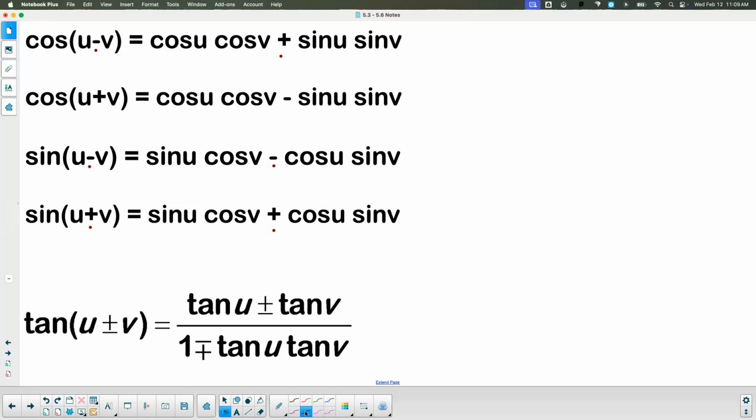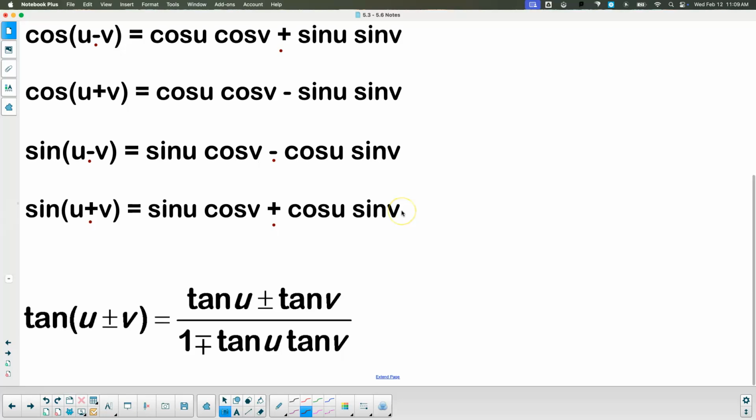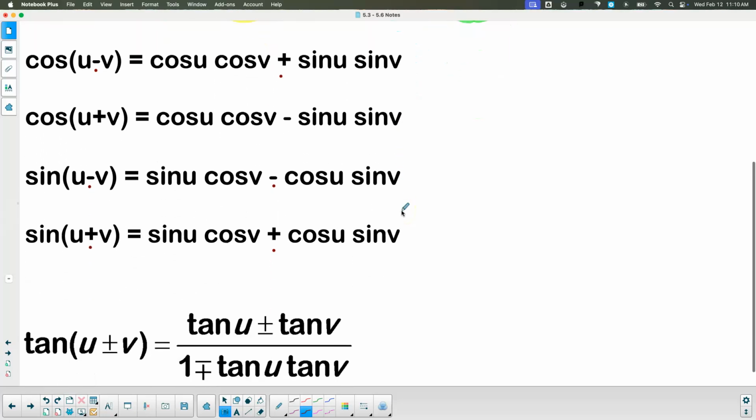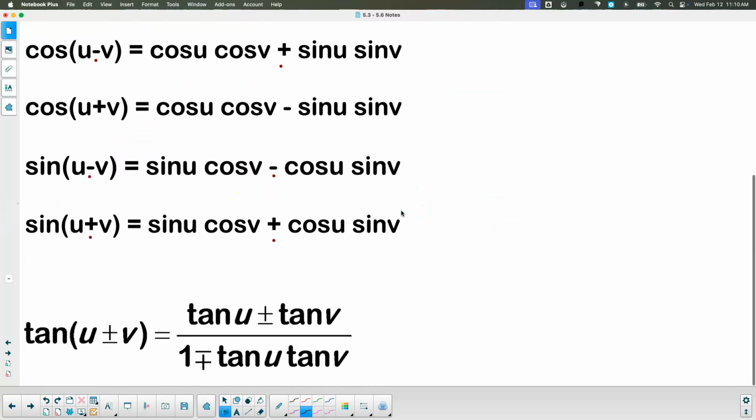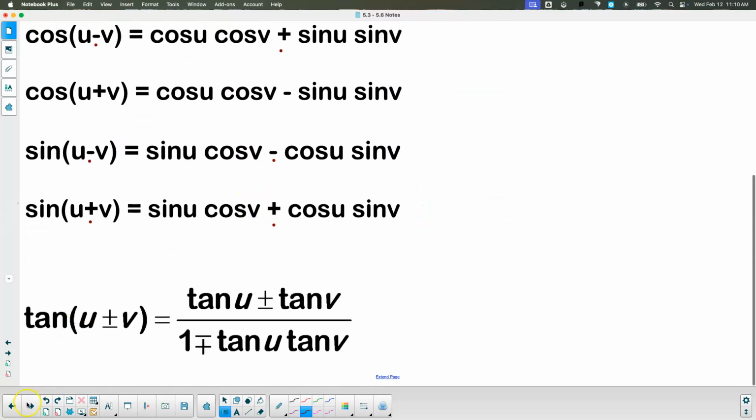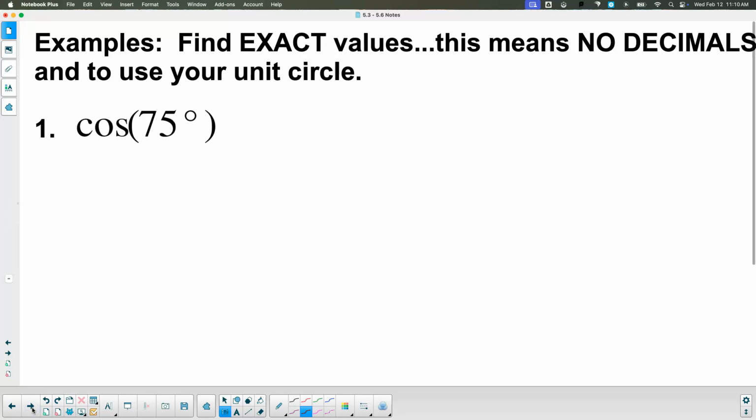Awesome sauce. Let's put these to use. So what this allows us to do is find non-sweet 16 unit circle angles.